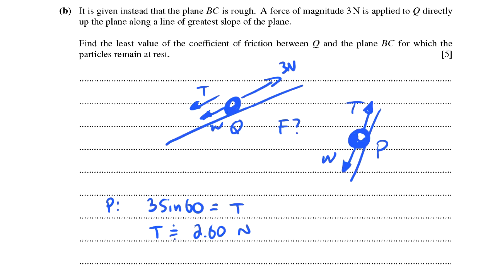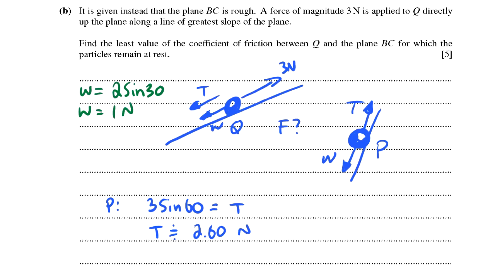So what was the component of the weight for Q? The weight was mg, so it was 2 sine of 30, you may remember. And sine 30 is a half, so it turns into 1 newton. So if we consider that the tension is 2.6 and the weight is 1 and they're in the same direction, we add those together, we get 3.6 newtons going down, and we have 3 newtons going up.